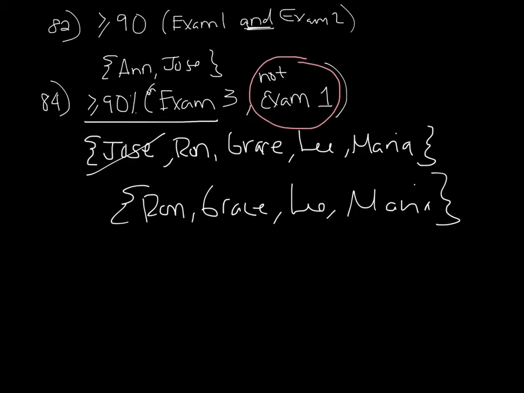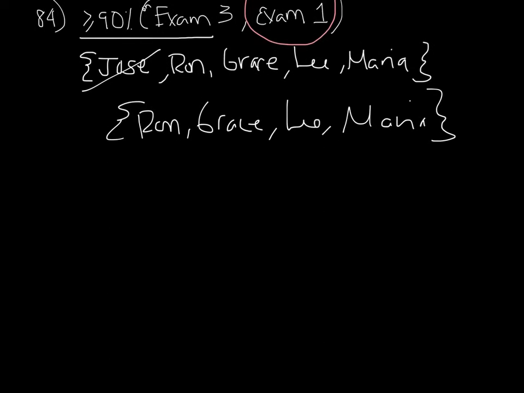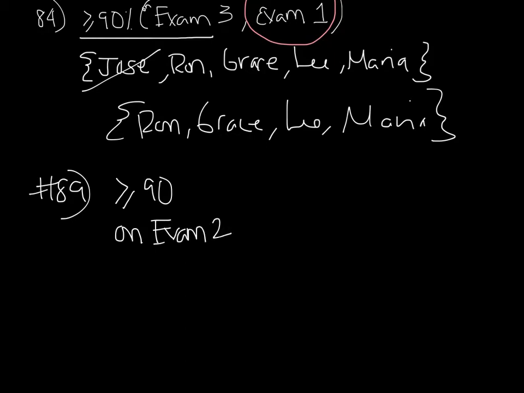Okay, and the last number I want to do is 89. 89 says the set of students who scored 90% or above on exam 2, so they're all, of course, at least 90% in that circle, and not on exam 1 and 3.